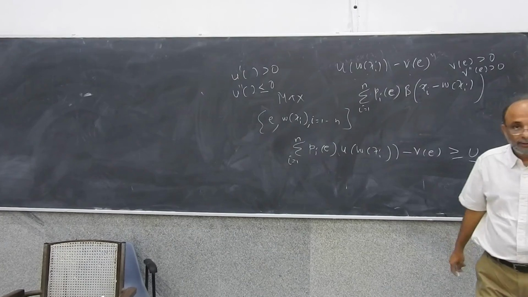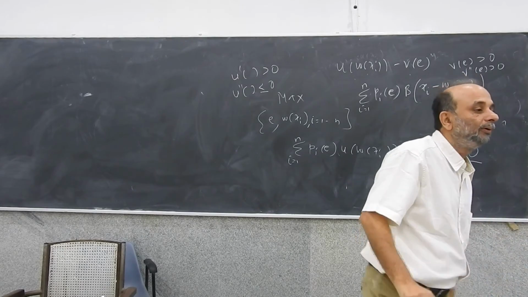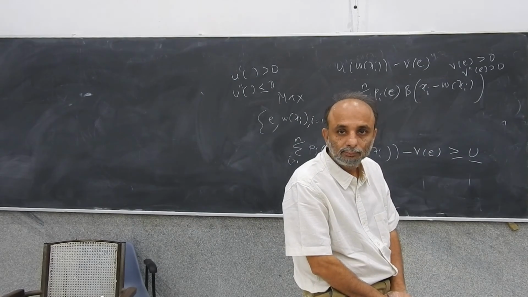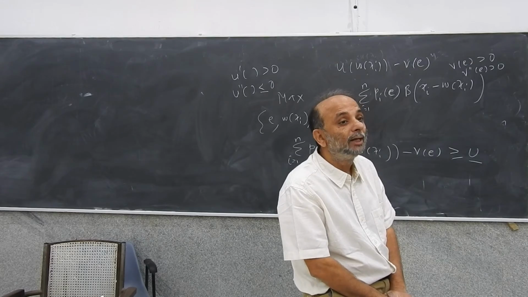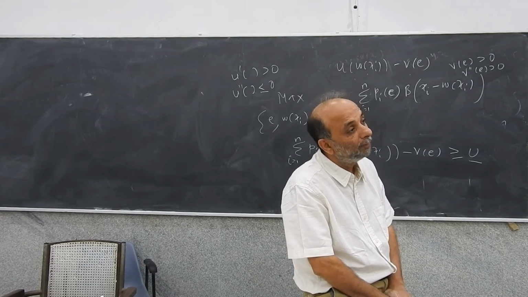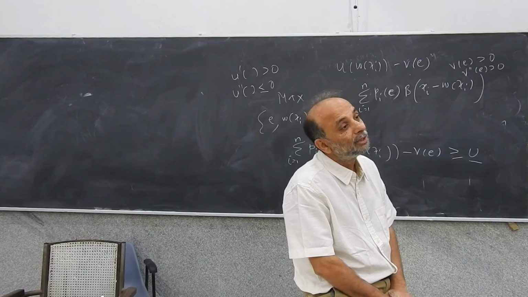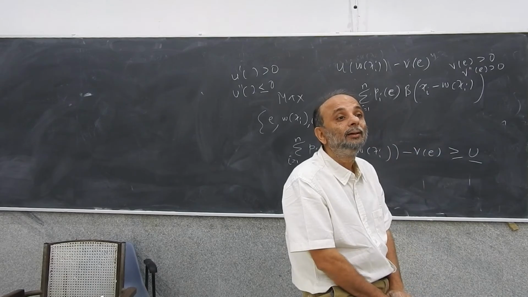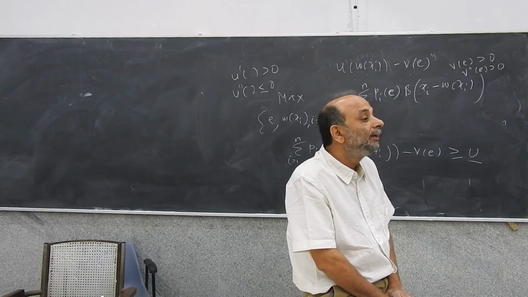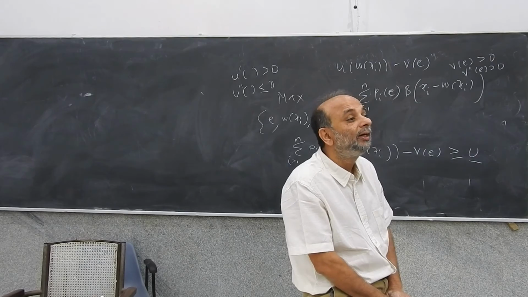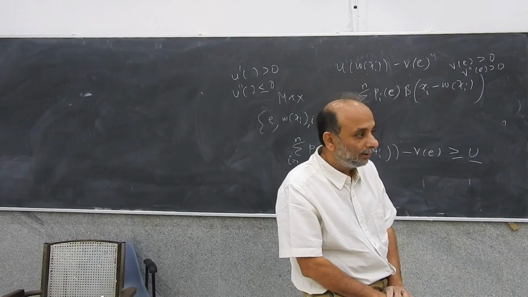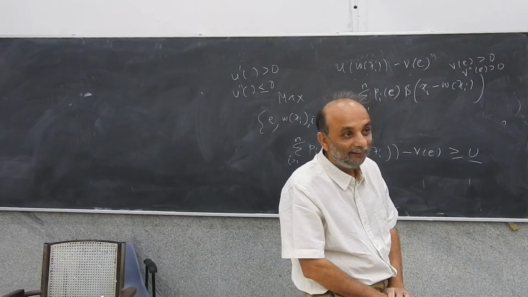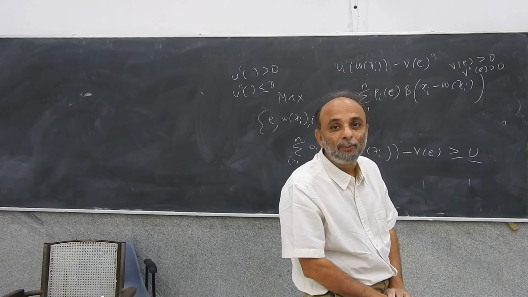What do you mean by V double dash of E greater than 0? Why am I saying that U double dash of W is less than 0, but V double dash of E is greater than 0? We are saying that the disutility of effort increases with effort. So if you work more, you dislike work even more. So we are ruling out all these cases where people actually enjoy work.